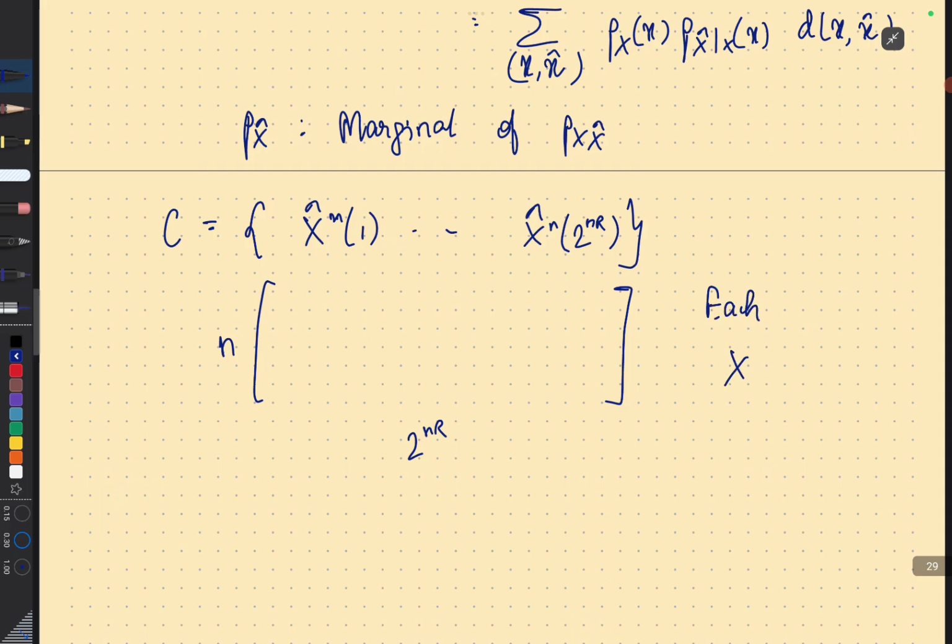So the ith component of the jth code word is IID P x hat.